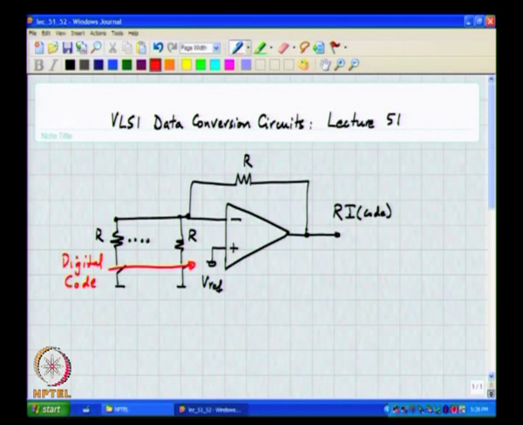If the resistance is connected to ground, a current Vref by R will flow through the resistor, and will result in an output voltage Rf times N times Vref by R. N is the decimal representation of the digital code.